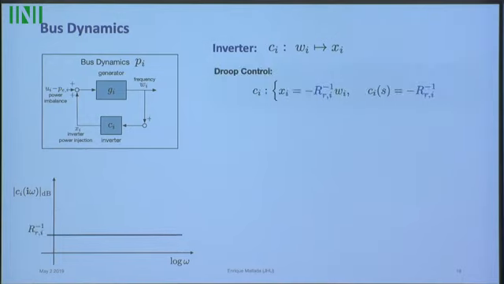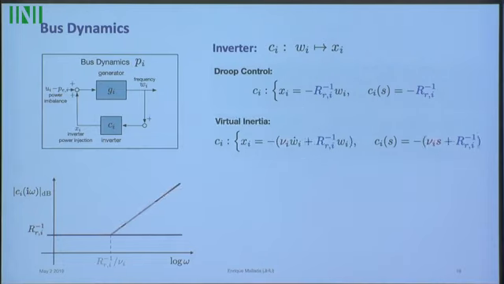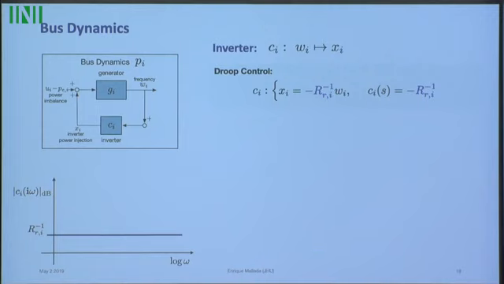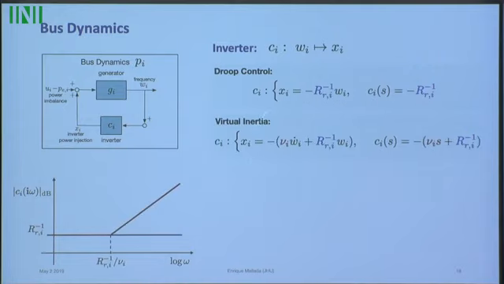Then I'm going to consider the models I mentioned, like Droop control, a negative proportional feedback, which in the frequency domain is just a flat curve, meaning that any sinusoid that gets in is multiplied by this value, no matter the frequency. Virtual inertia has a similar behavior, but eventually high frequency starts to amplify more and more, because of the derivative with respect to time that you get in virtual inertia.